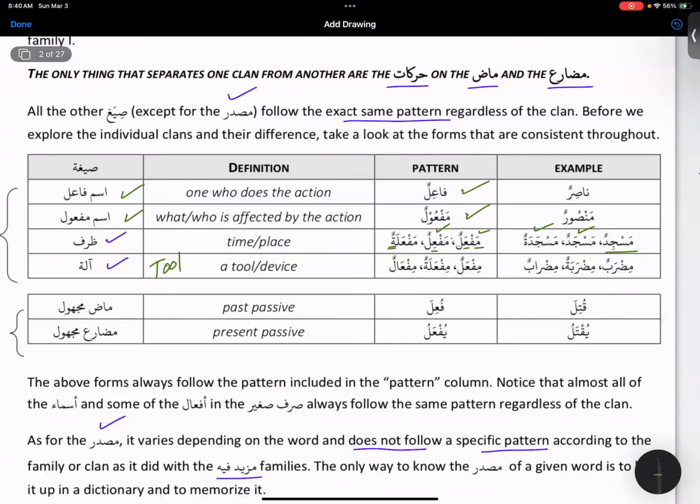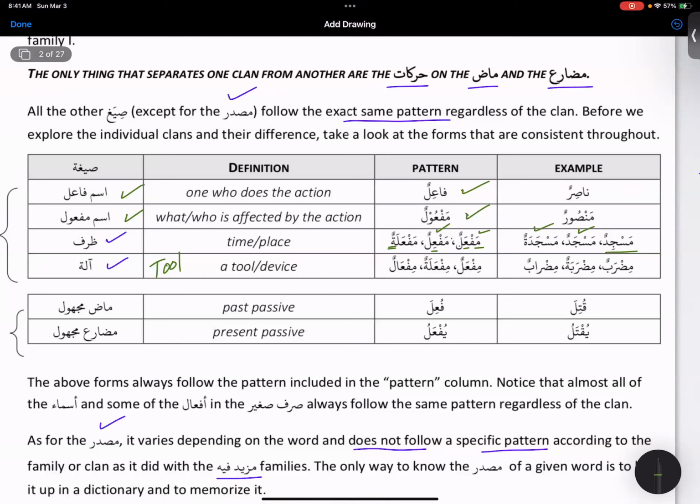For example, daraba yadribu darban, and then fahuwa daribun, fa'ilun. Then duriba yudrabu darban fahuwa madrubun. The poor person who got beaten, that is madrub, right? The person who is being hit.